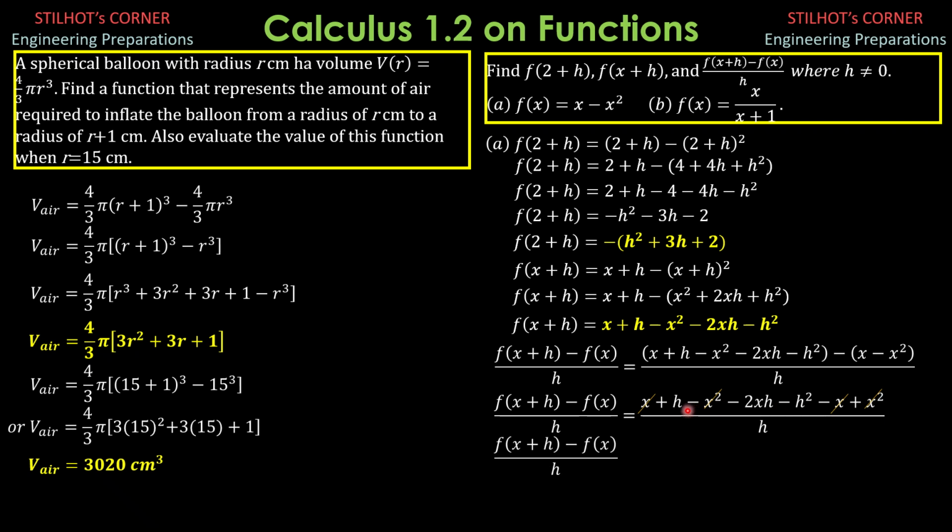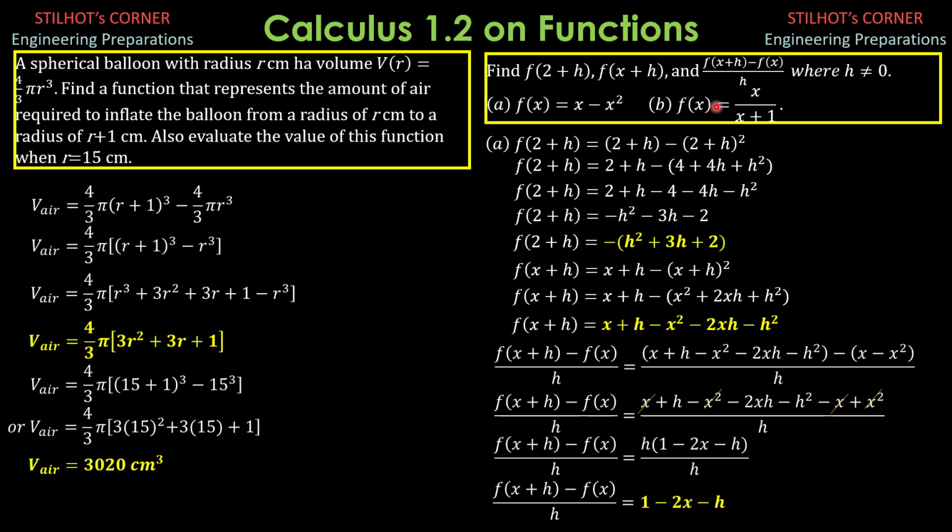So f of x plus h minus f of x over h is h times quantity 1 minus 2x minus h all over h. We then cancel h, so the final answer is 1 minus 2x minus h. So that's it for this first part.